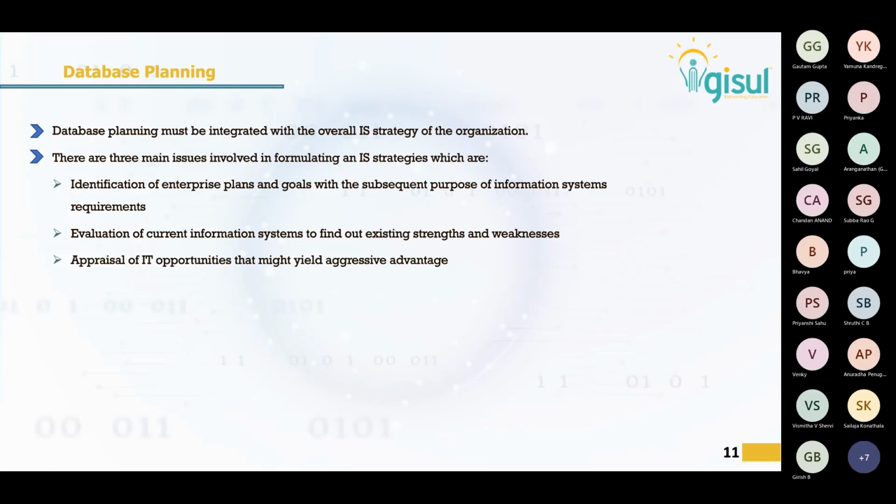Let's say I went to an organization and they want to give me a project, and as a part of that project, they're saying that after 1 year, we want to migrate our systems from Oracle to Snowflake. So there I have clarity of the enterprise plan. There I have clarity on why they want to migrate, because they want to consolidate the information from the different source systems they have.